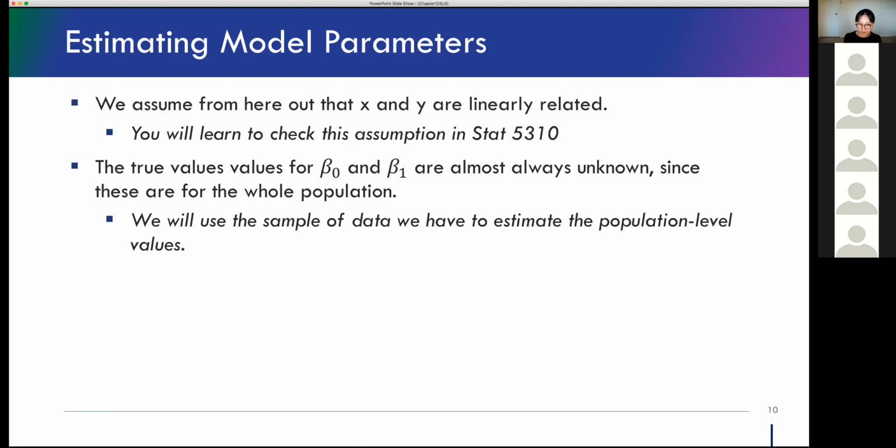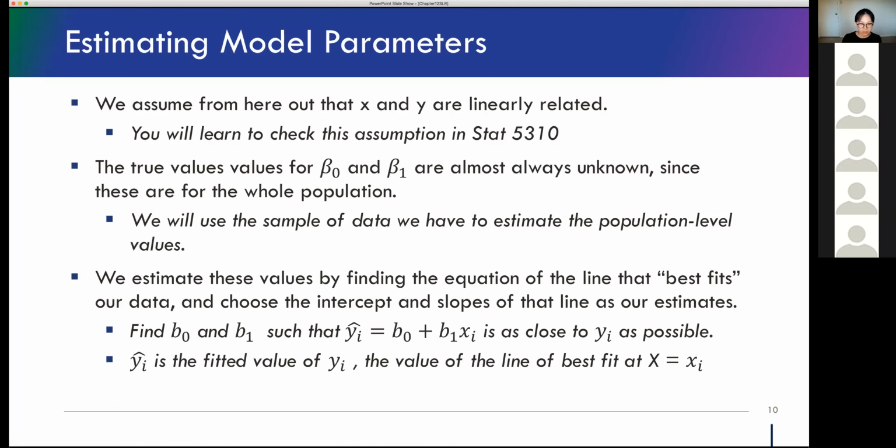We use that data to estimate that line, but that line is actually for the population level value. That's what we're estimating using the data we have. We estimate beta 0 and beta 1 by finding the equation of the line that best fits our data.